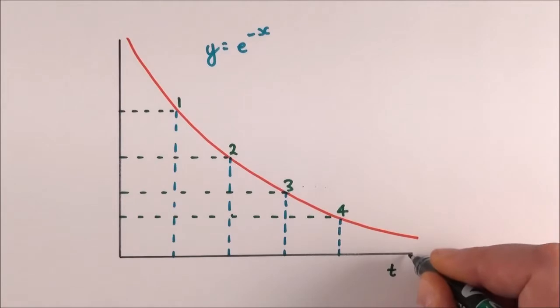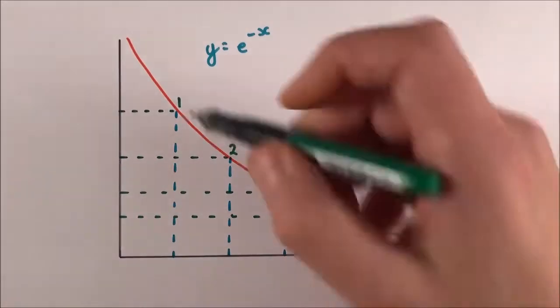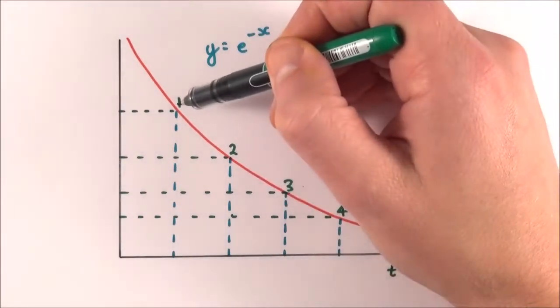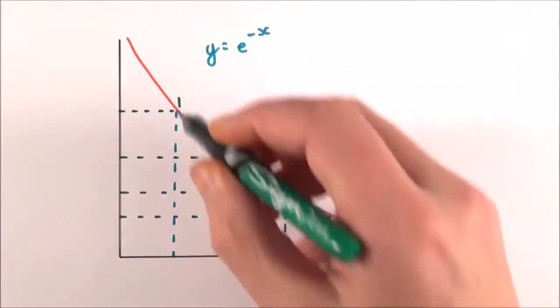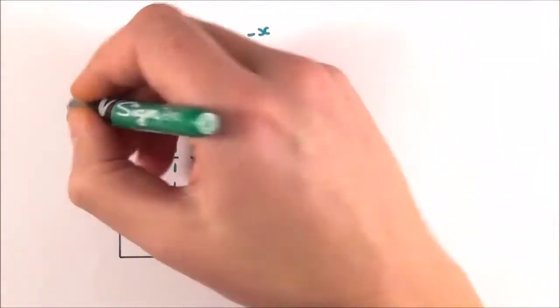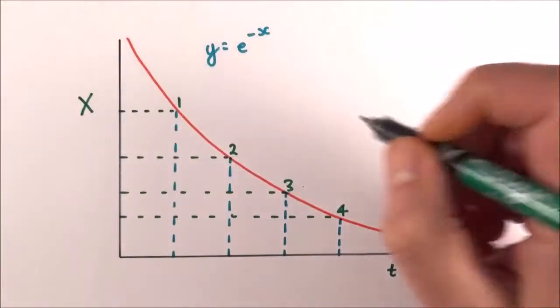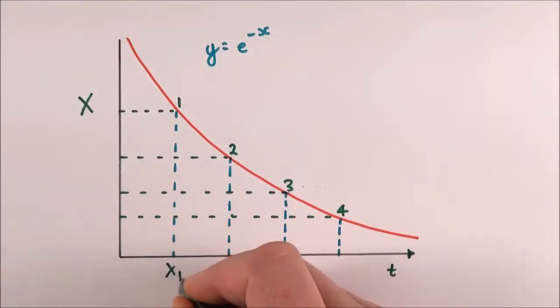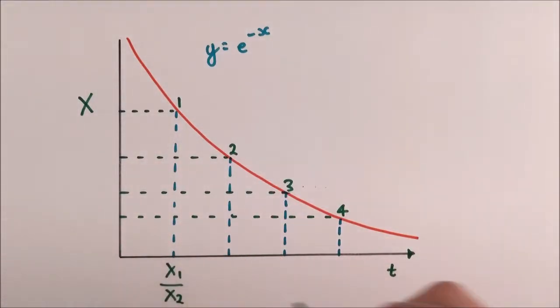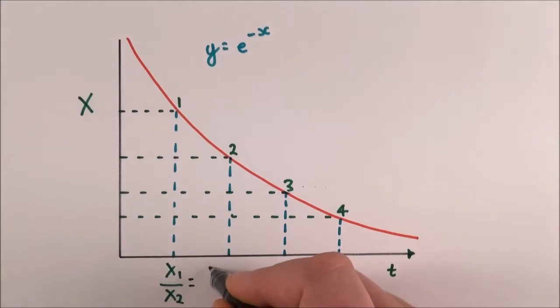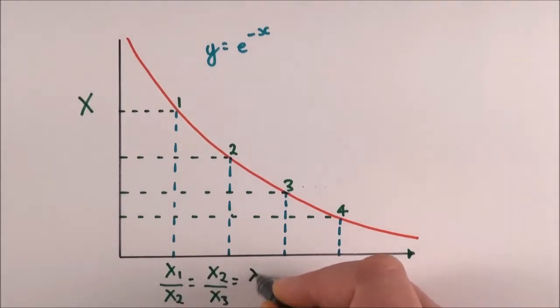So this is going to be my time along the x-axis. What I can then look at is the ratio of how 1 compares to 2. And perhaps this is our value of, I'm just going to call it x, okay? Effectively, what we can say then is that x1 over x2 is equal to the same proportion as x2 to x3, which is equal to x3 to x4.